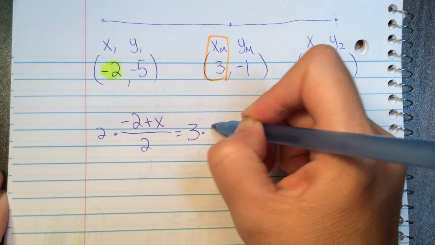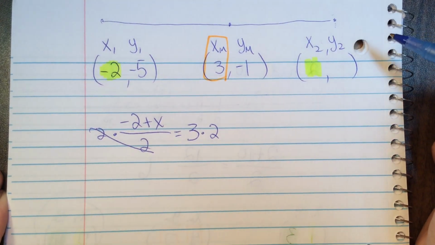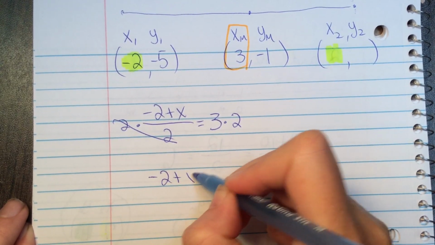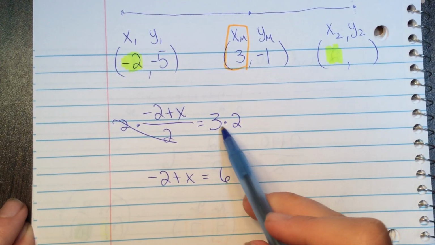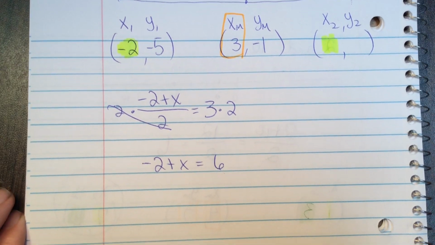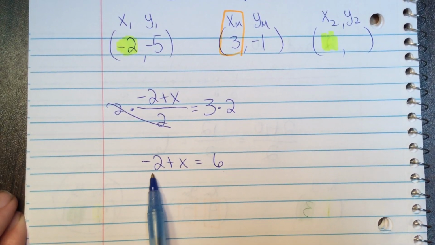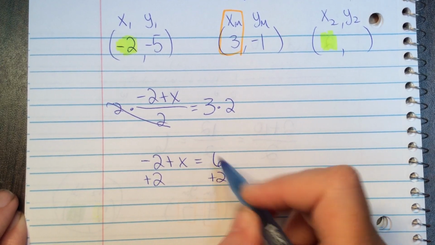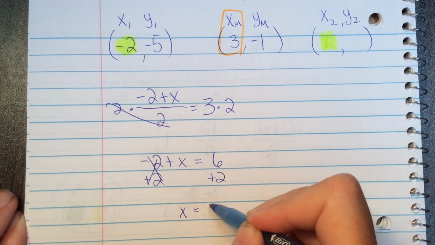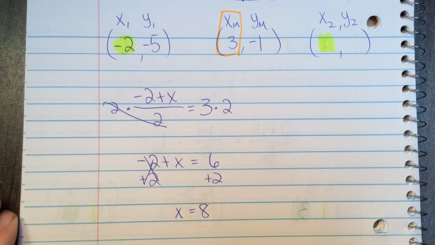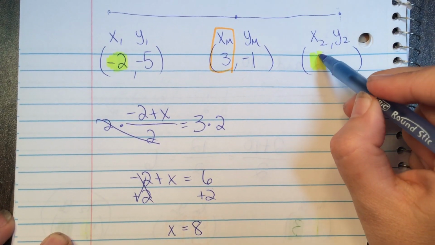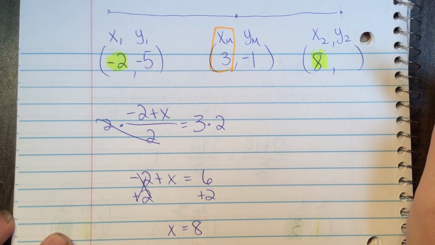Multiply by 2 on both sides, and that 2 goes away. So now I have -2 plus x equals 6, because 3 times 2 is 6. Now I'm going to add 2 to both sides, and I get that x equals 8. So that means that this one had to be 8.